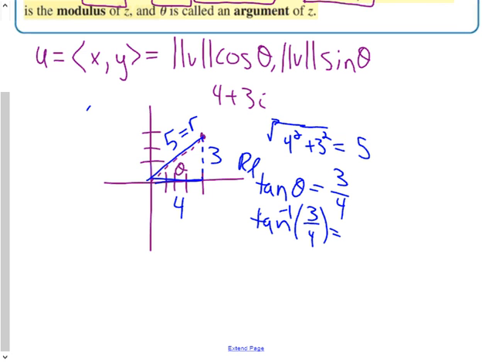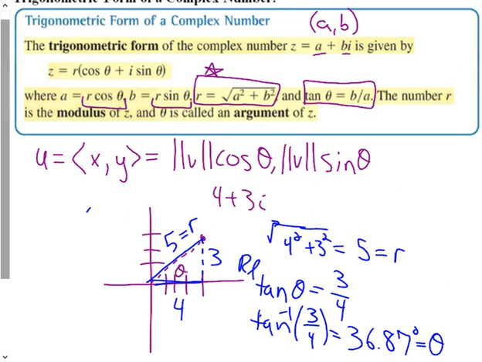We're doing a lot of 3, 4, 5 triangles. That is going to be 36.87 degrees. So just a heads up, there would be our theta, and r is up here. So we could make our trig form of what we have up here: z equals r cosine theta plus i sine theta.